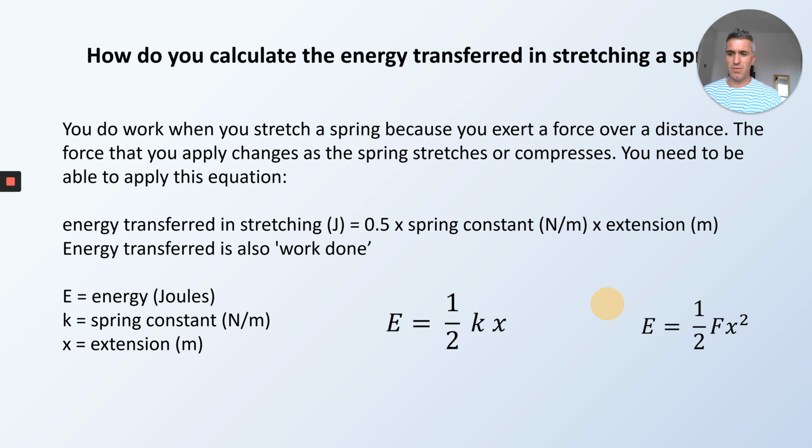The energy transferred in stretching is equal to 0.5, half, multiplied by the spring constant times the extension. Energy transferred is also known as work done. So E, the energy, is equal to half kx, which is also the same as half fx squared. So the energy in a spring is half times the spring constant times k.